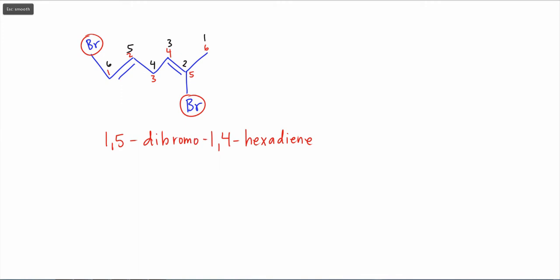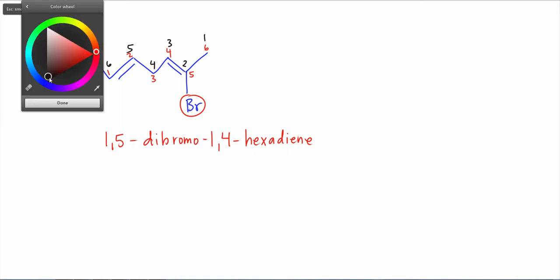Okay. So that is the name without the EZ notation.